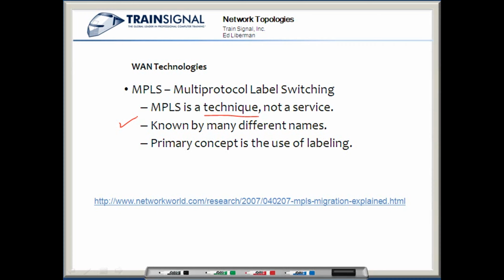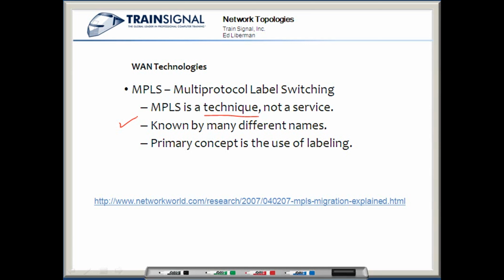Now, the primary concept that I want you to keep in mind about what this is, first of all, look at the name, multi-protocol label switching. Multi-protocol, again, is because it's not one specific protocol, service, or technology. It works over many different protocols, services, technologies. And then we have label.